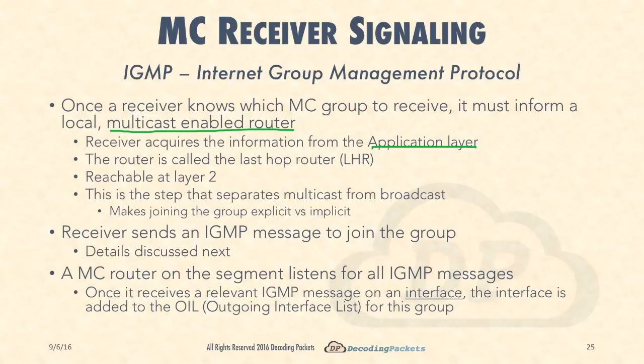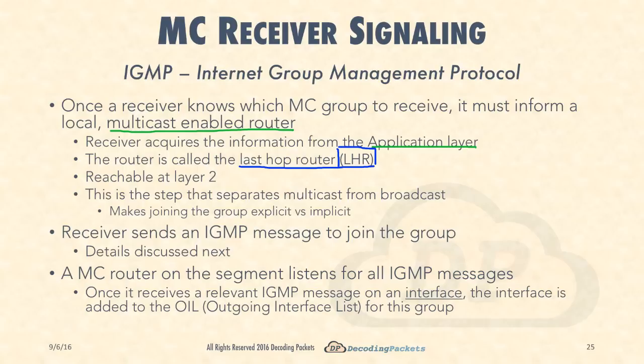The router itself, the terminology is important here. The terminology is going to be used over and over and over again, so it's very important that you get used to it. This multicast enabled router is also called the last hop router. You will see me use the acronym LHR throughout our courses.